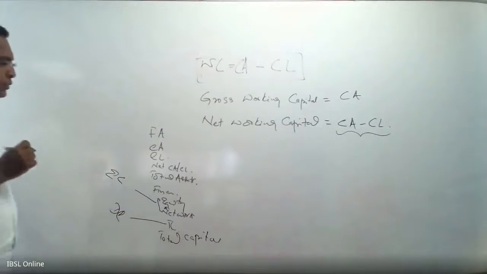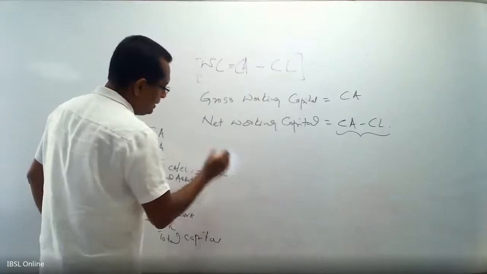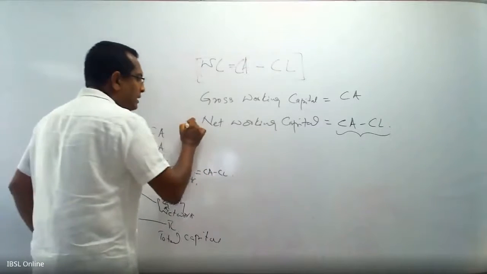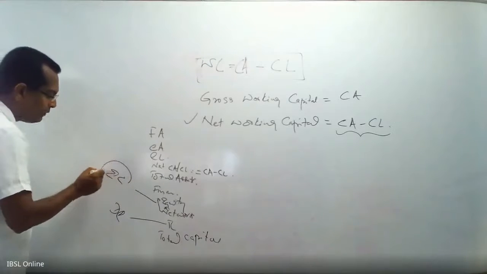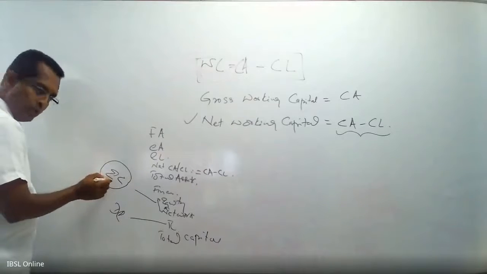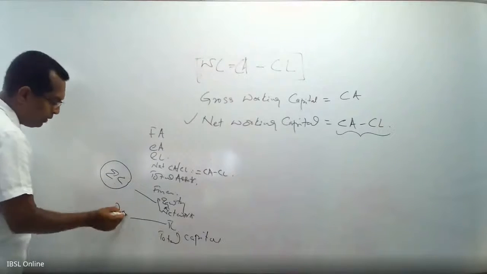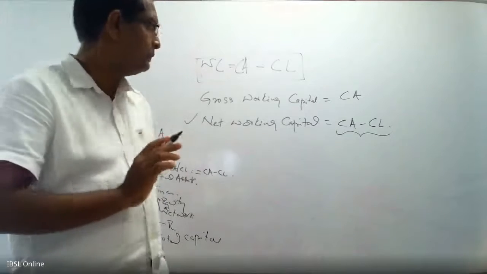So this one, which is current assets minus current liabilities, the net working capital, represents how much of the day-to-day funds has been financed through equity capital or debt capital, that is long term, right?